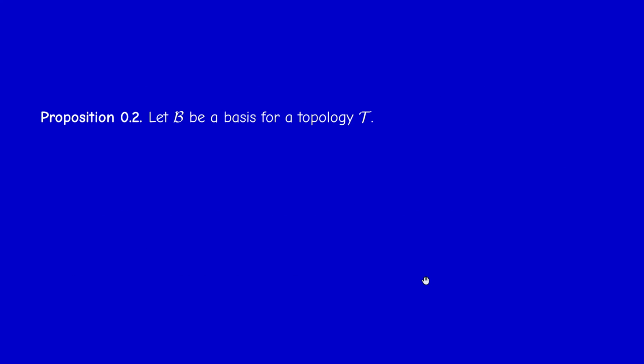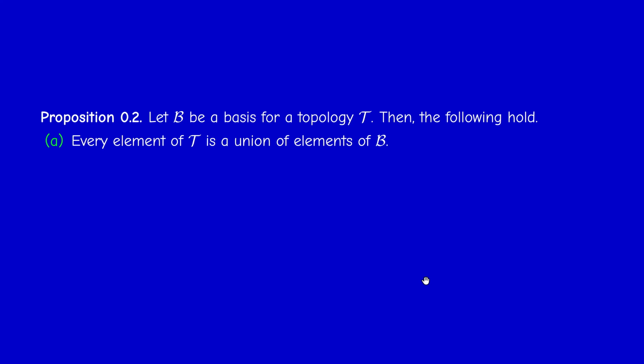Okay, and now a result about bases. If calligraphic B is a basis for a topology T, then every element of T is a union of elements of B. This is why we call it a basis, because a basis is the building block for a topology. So the open sets are actually unions of these bricks, if you like.